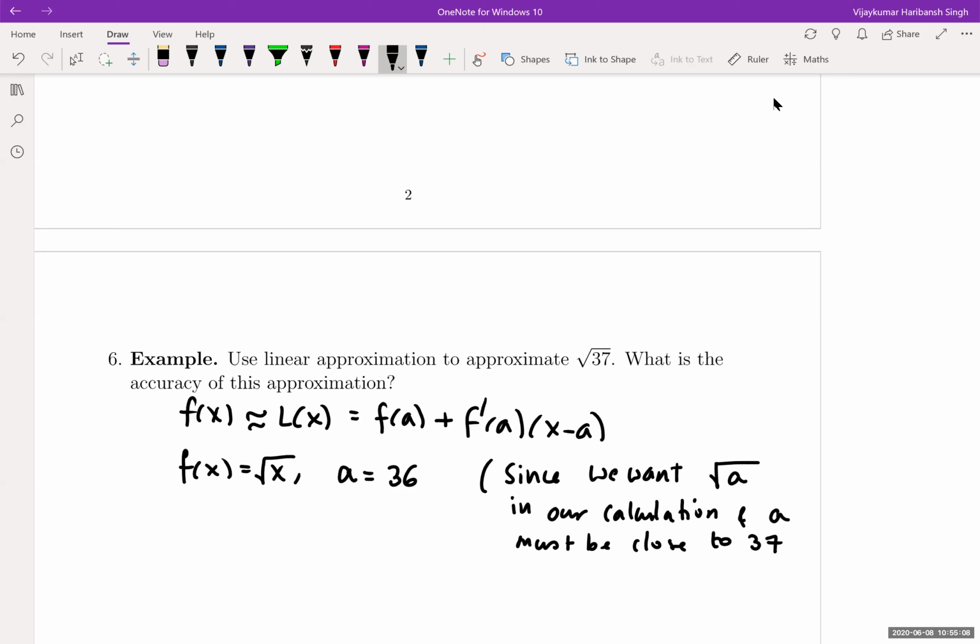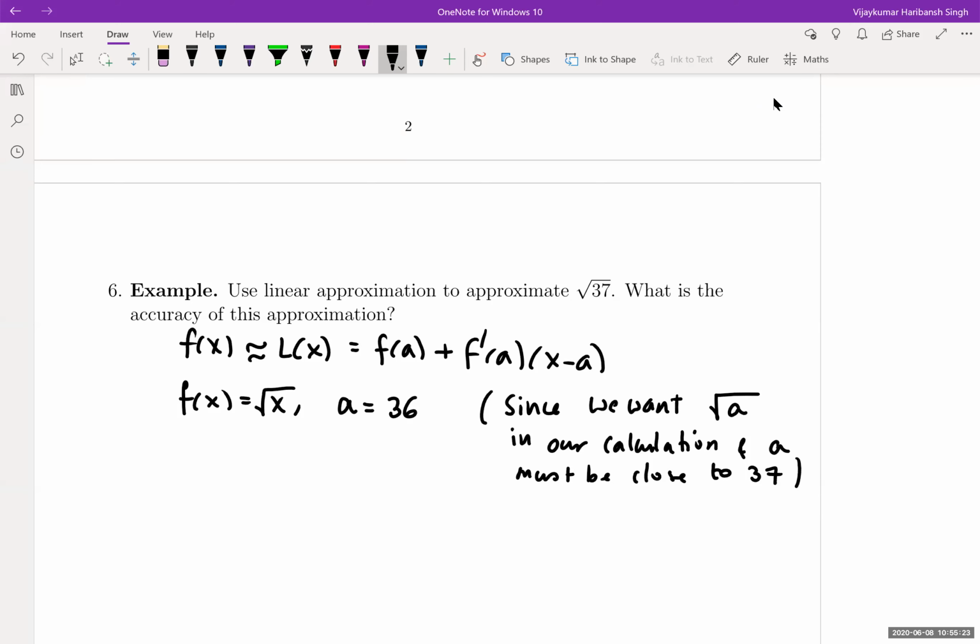So we are looking for a number which is close to 37 and has a proper square root, something whose square root is easy to compute. So a is 36. Now let's apply the formula.